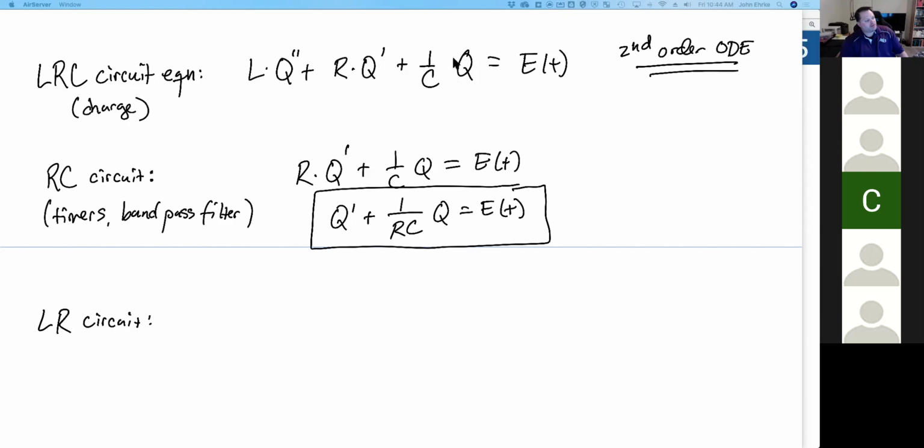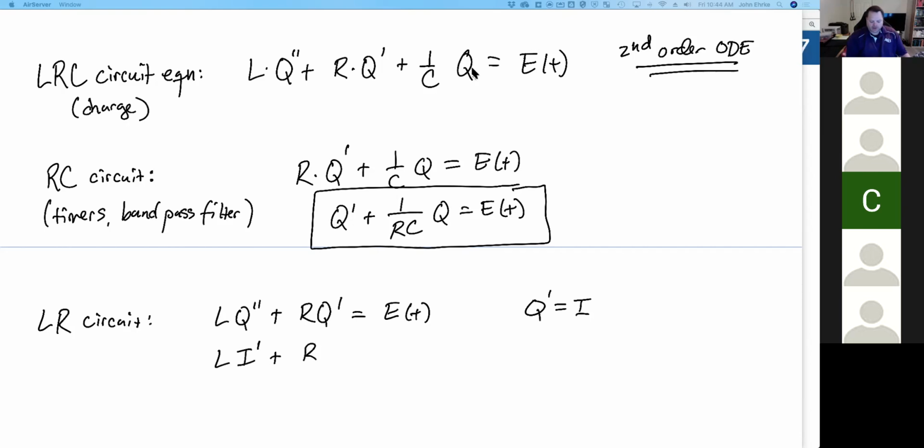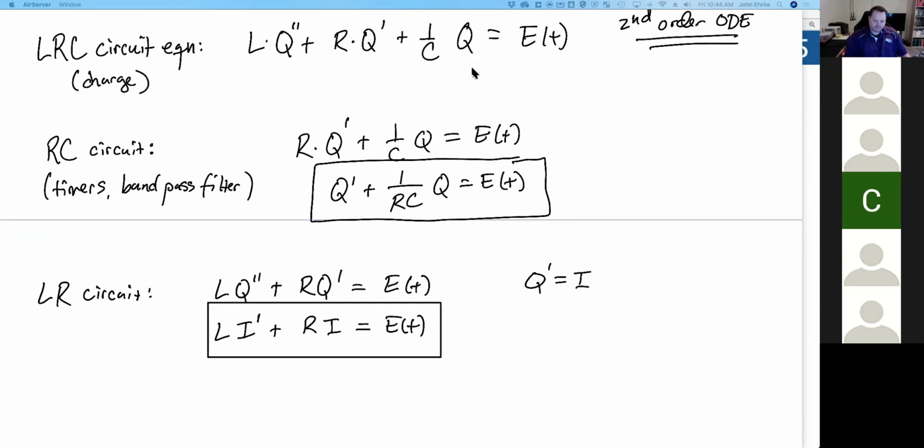You don't have the C component, so you're not dividing by 0 here. It's just not a part of the model to begin with. So an LR circuit, you would have LQ double prime plus RQ prime equals E of t. But remember, moving charge is current. So I can write this as Li prime plus Ri equals E of t. And in this form, this would be an LR circuit.